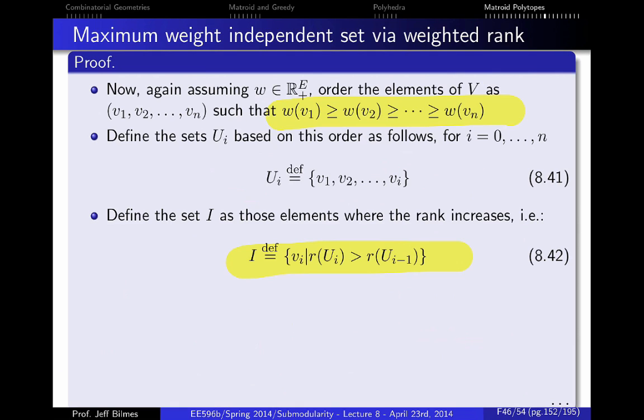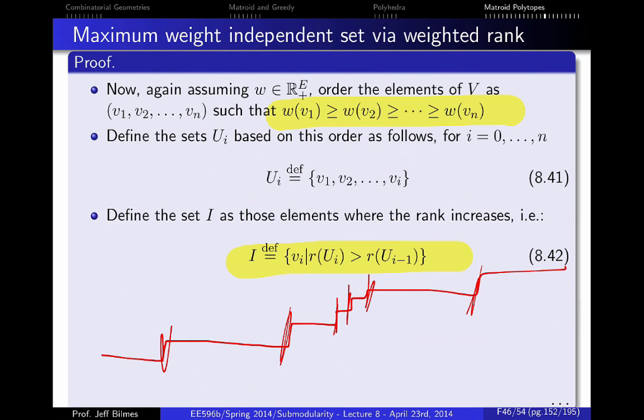And we consider U_{i+1}, U_{i+2}, and so on and so forth. And every once in a while, what's going to happen is the rank's going to pop up, because we're going to get a new dimension. One way you can think of it is like this: the rank increases, maybe it increases a lot here, and then it increases again. Every one of those increments is going to give us an element of I.